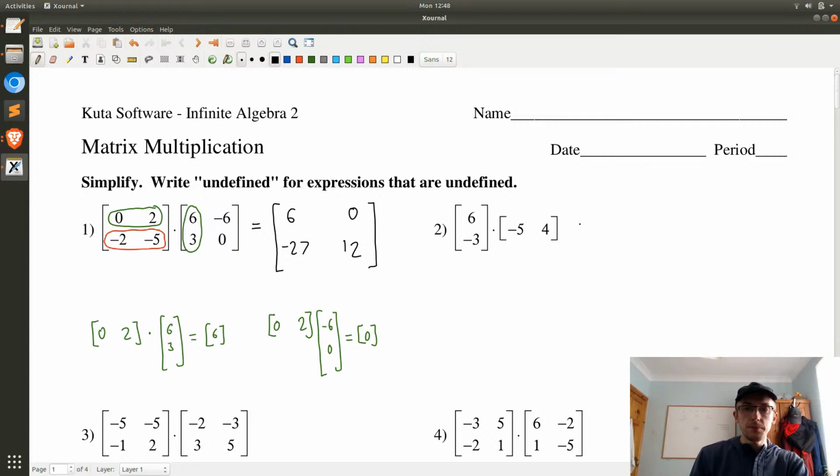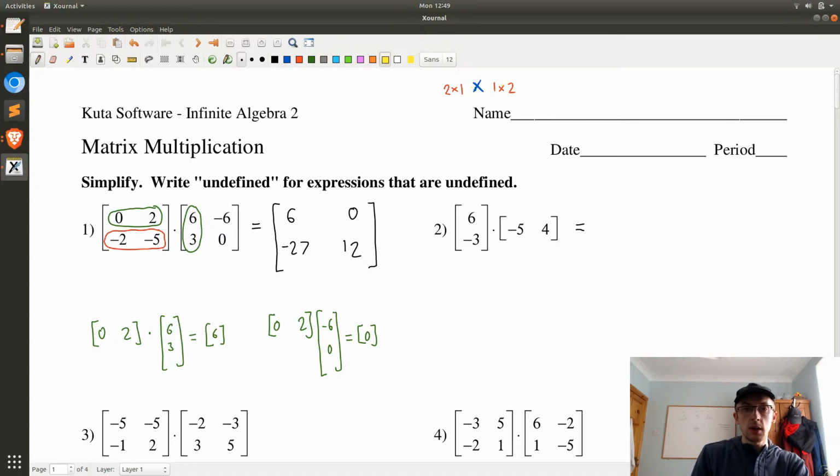Okay. What about this here? Well, this is a 2 by 1 matrix multiplied by a 1 by 2 matrix. Is it valid? Can it be done? The answer is yes.